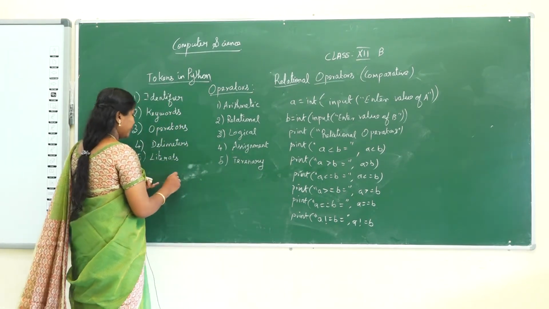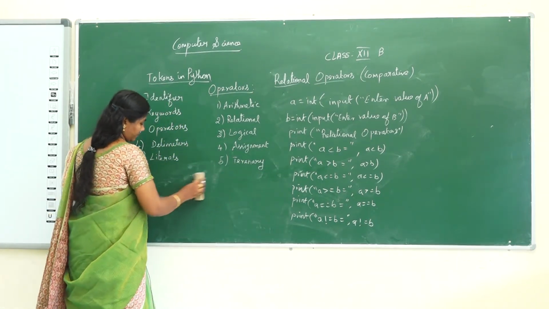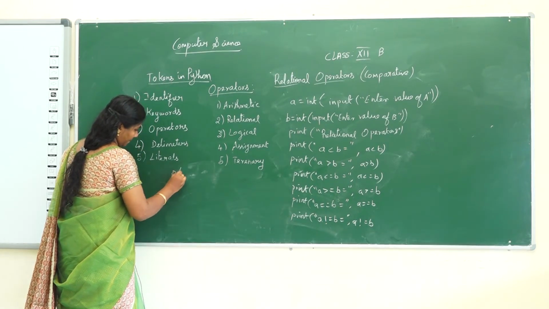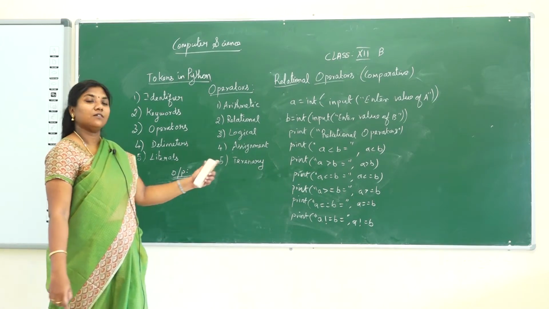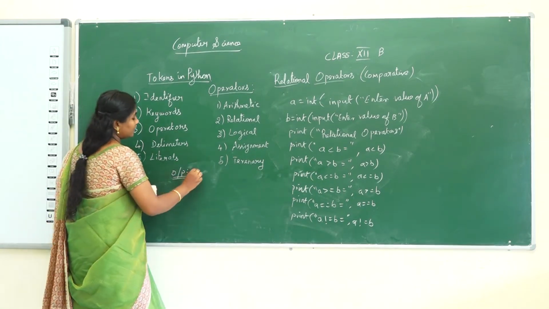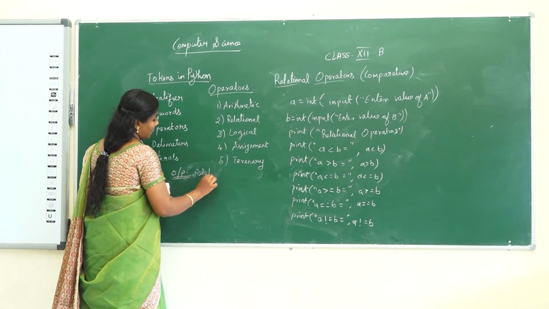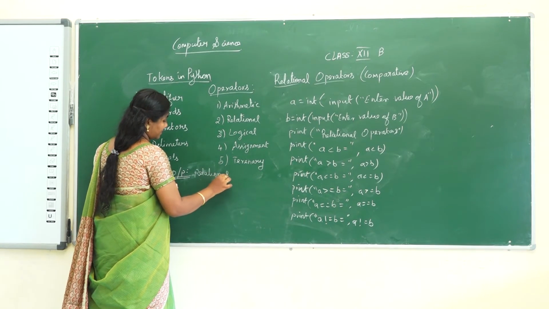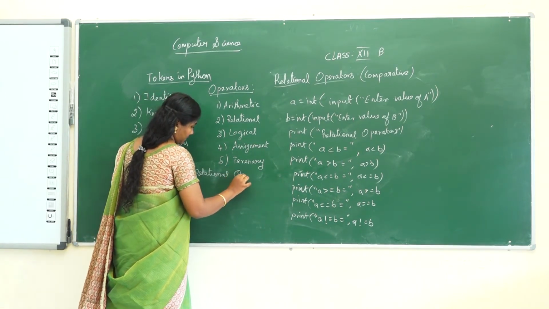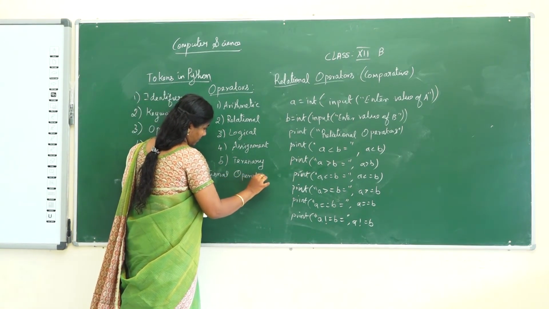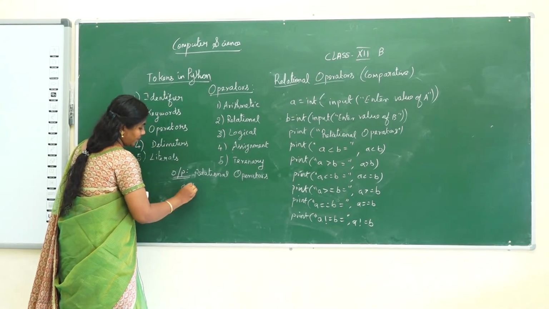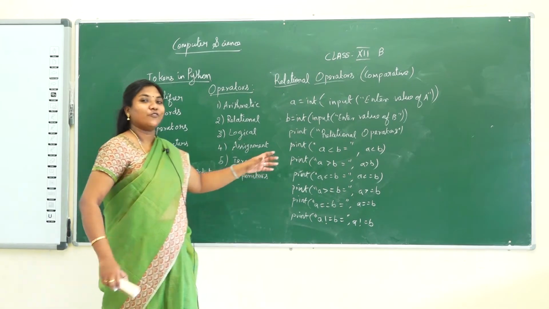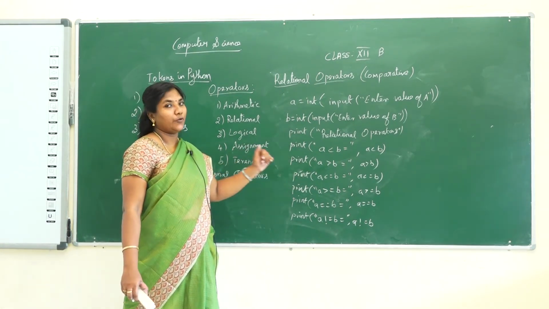So what will be the output for this program? What is the first print statement? Relational operators. And next one, A less than B. Okay, for relational operators, what will be the output you will be getting?